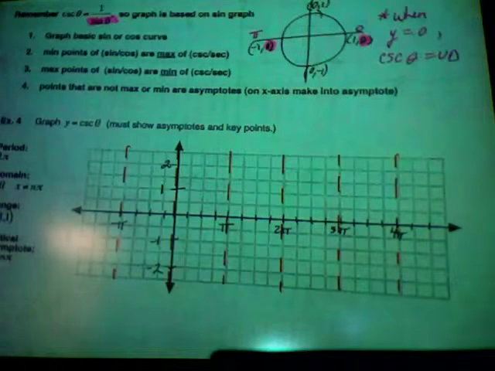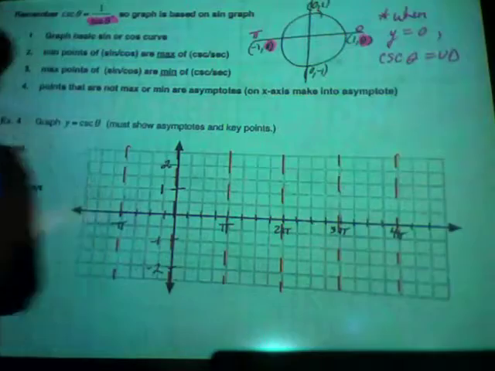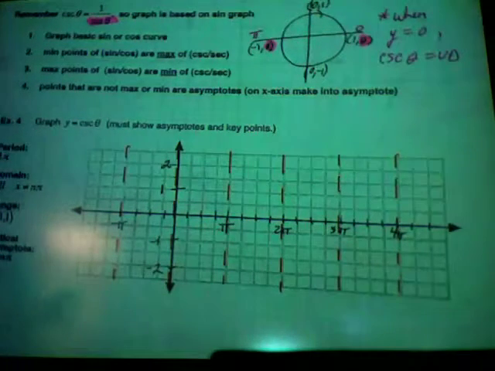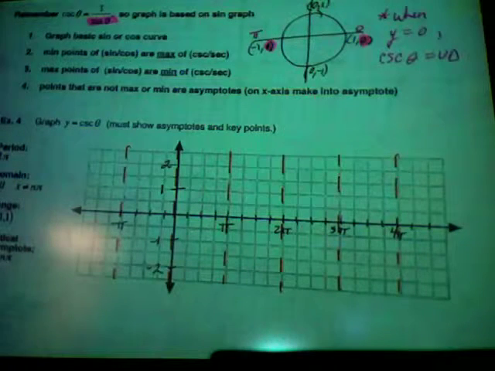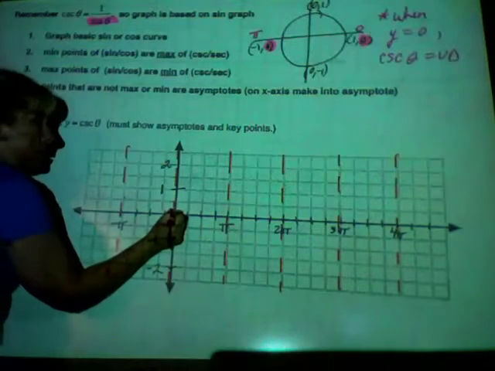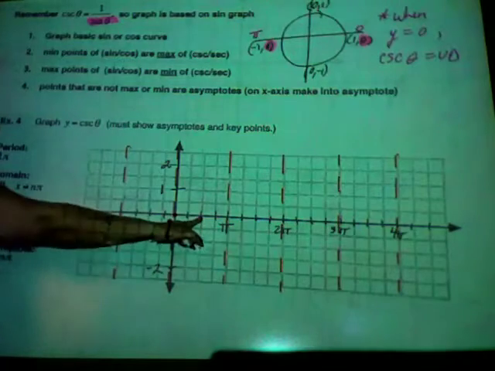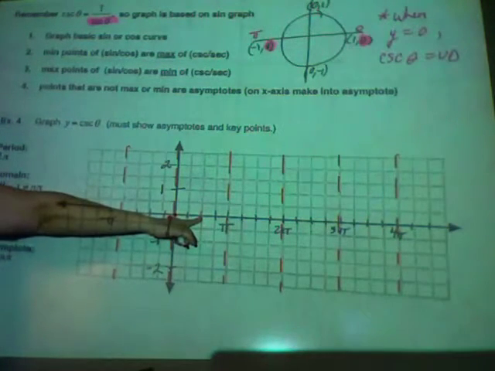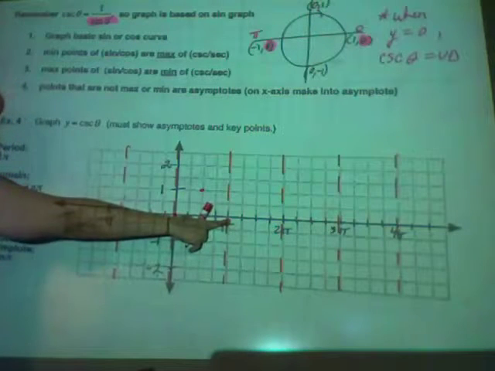So I'm going to draw something up here on the board. And I'm going to draw one curve of sine, because cosecant is the inverse of sine. Don't you draw this on your paper. I just want you to watch what I'm doing so you can understand why. Normally, doesn't sine start here at 0, 0? And then at pi over 2, what happens? It goes up to 1. At pi, what happens?